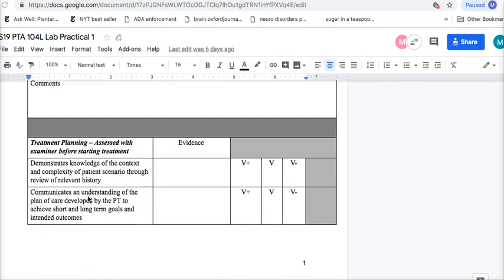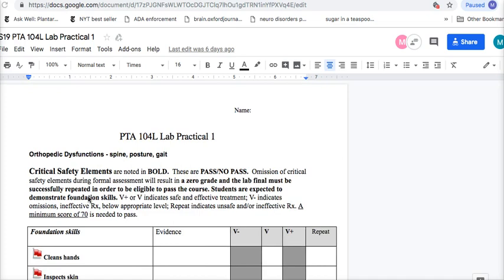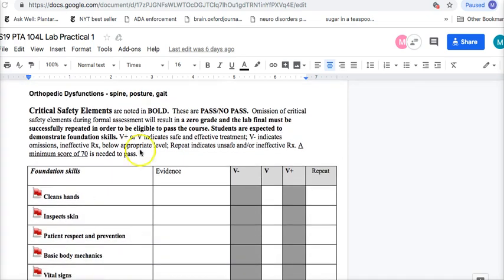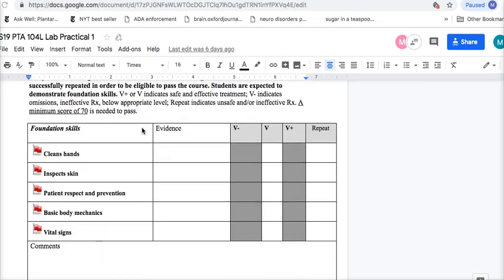However, this practical is going to look a little bit different because of the course and what the expectations are in terms of proficiency and competency in a simulated treatment with a person with a medical problem related to the spine.